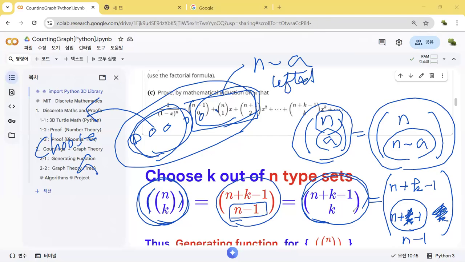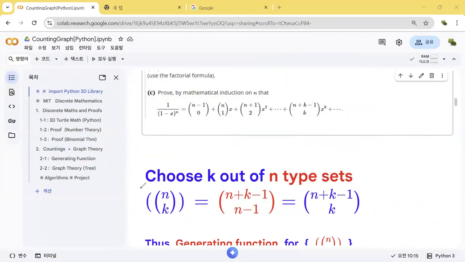Both values are the same. And then we use this symbol to denote this one. And then there is a very important combinatorial interpretation for this one. Okay, for this one. So that is the possible number of ways to choose k elements from an n-type set.